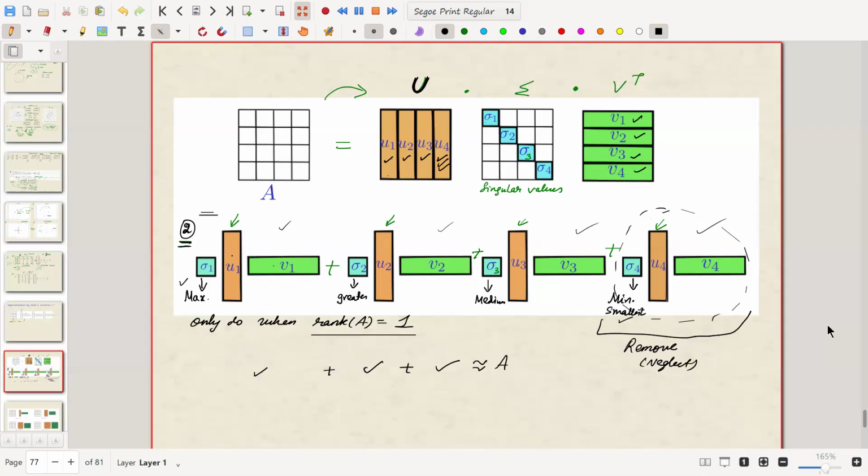This side, any doubts? Compressing? No, not compressing. Why not compressing? It's compressing. How many of you think not compressing? Third row, compressing. Why?